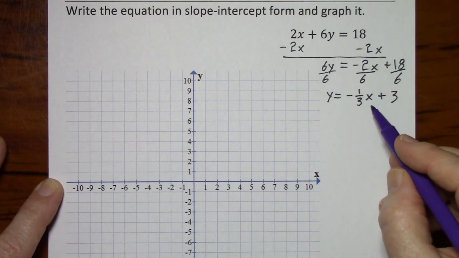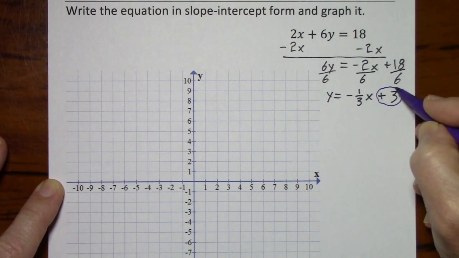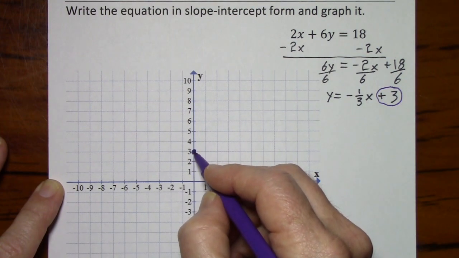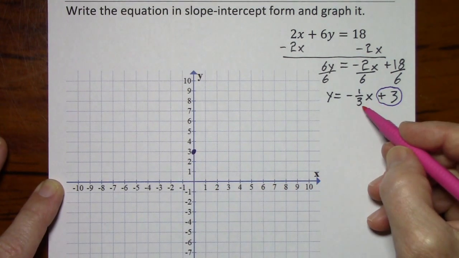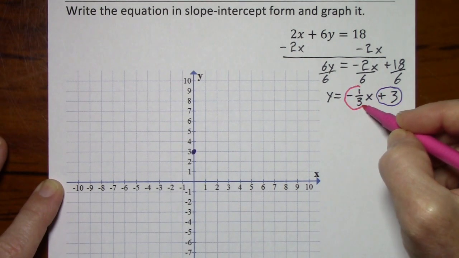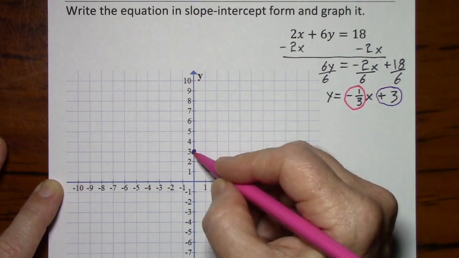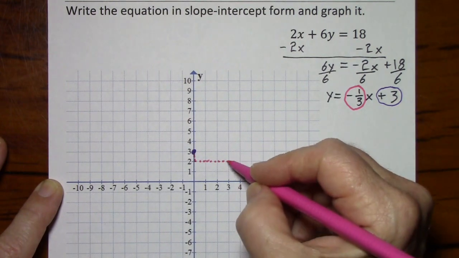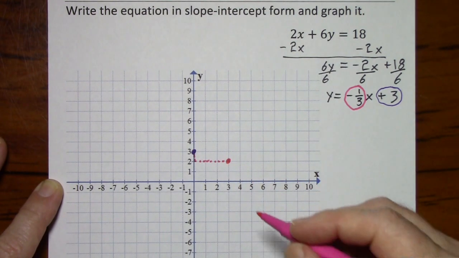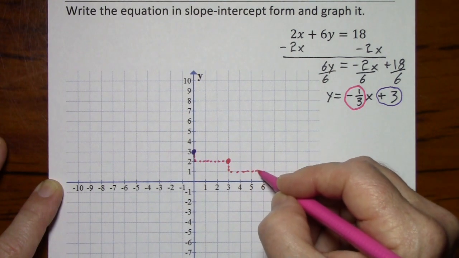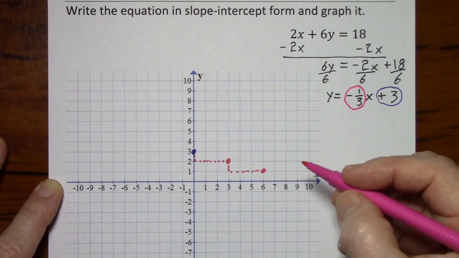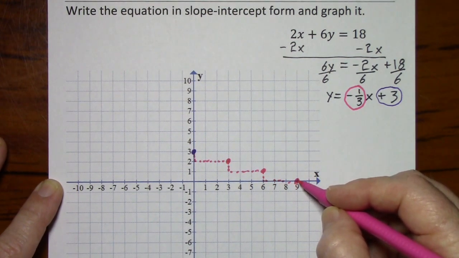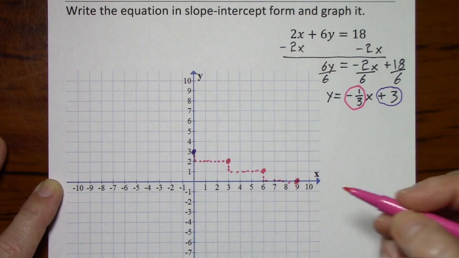When x is 0, y is 3. My slope is negative 1/3. So that means down 1 and over 3. I can repeat that pattern. We have an ordered pair right here. I put a dot. And then down 1 over 3. Put another dot. Down 1 over 3. I came down here just because I like having an intercept. It's a good, clear point.